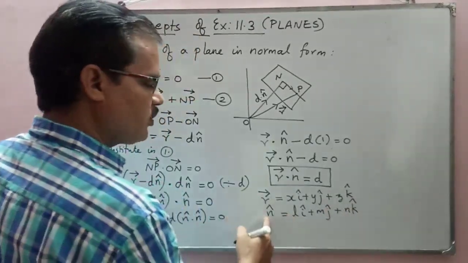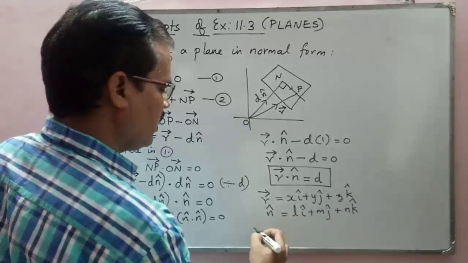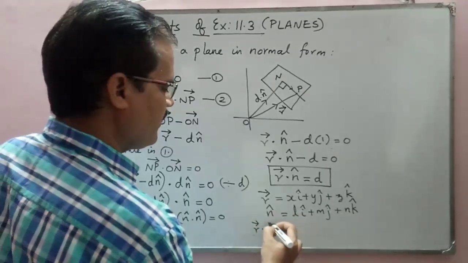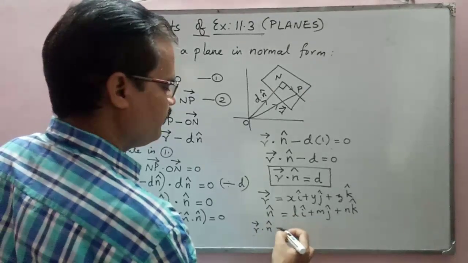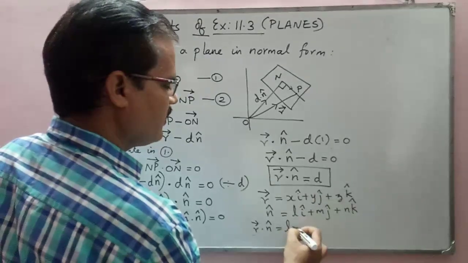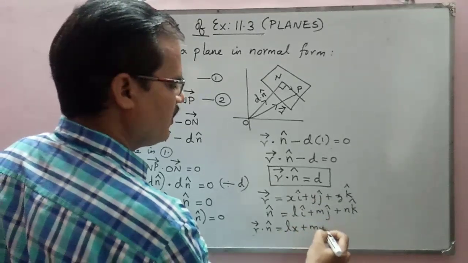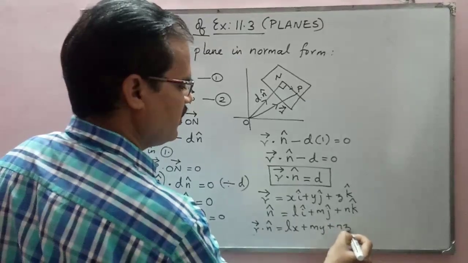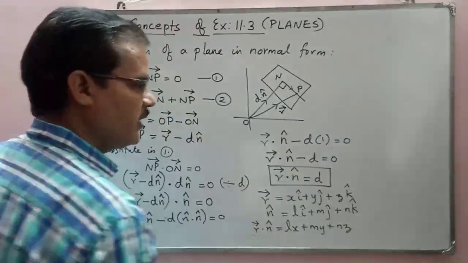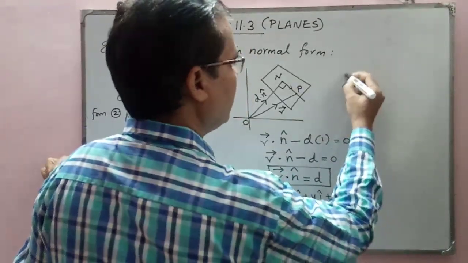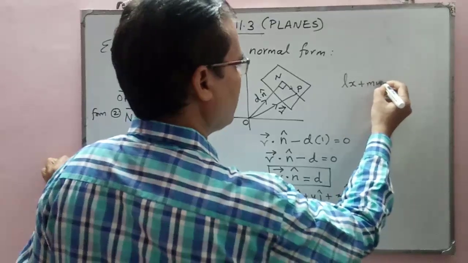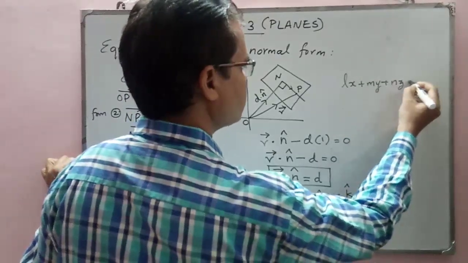Now if you do the dot product, what will you get? R vector dot n cap will be l into x plus m into y plus n into z. Now substituting in this equation, what will you get? lx plus my plus nz equals d.